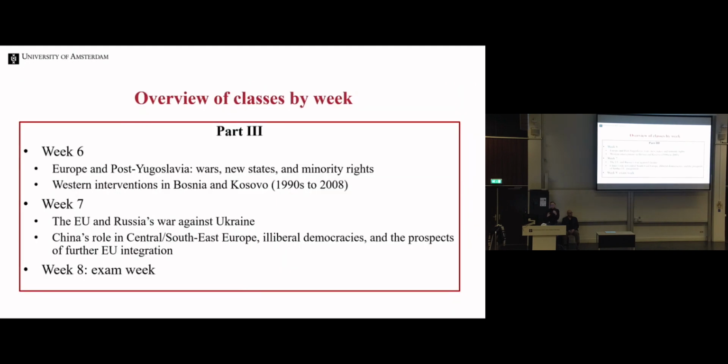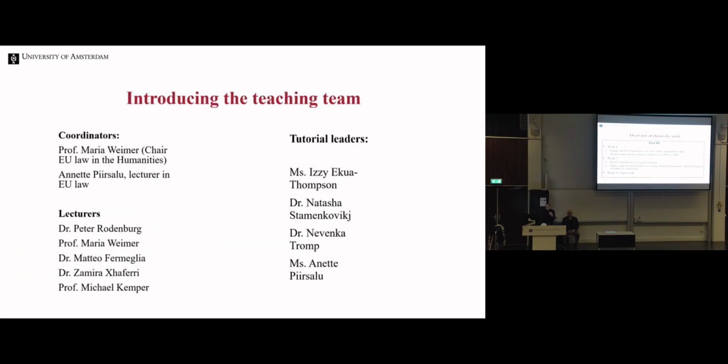This is what you're going to look at in part 3. Another colleague, Michael Kemper, will be teaching that part. And so you're going to look at the case of Balkans, but also, of course, ever important, the case of Ukraine and the discussions around enlargement at the moment.